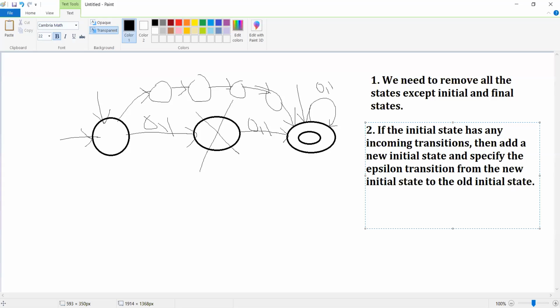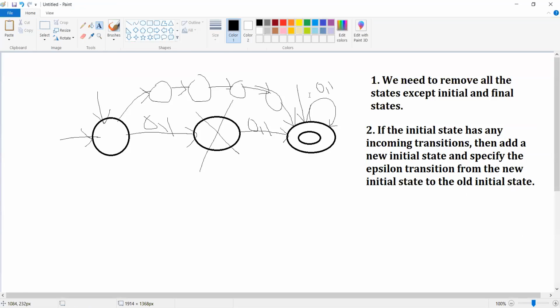I hope the theoretical part is not easy to follow, but let me explain this with a simple example.